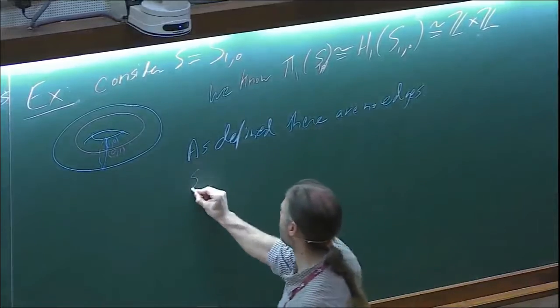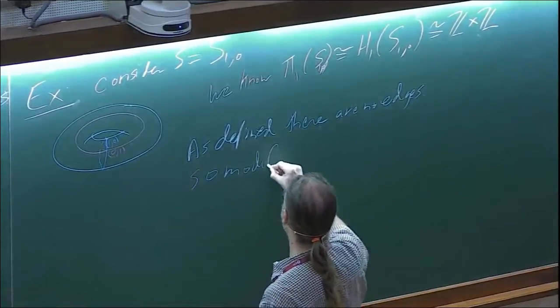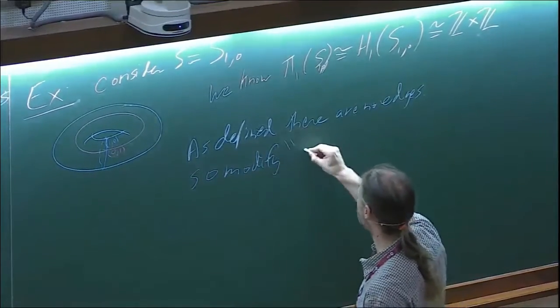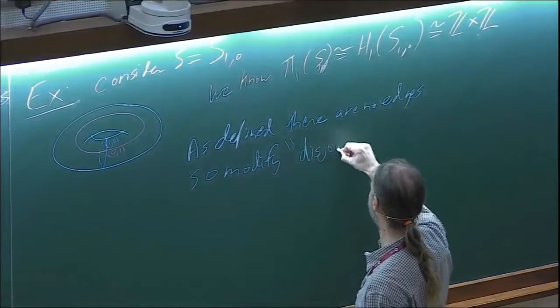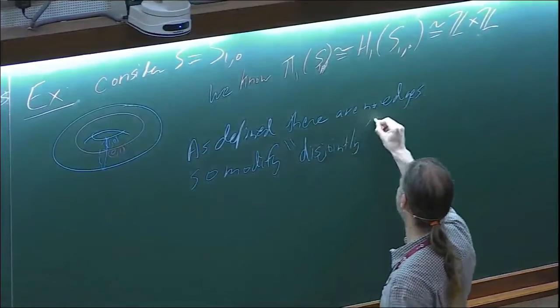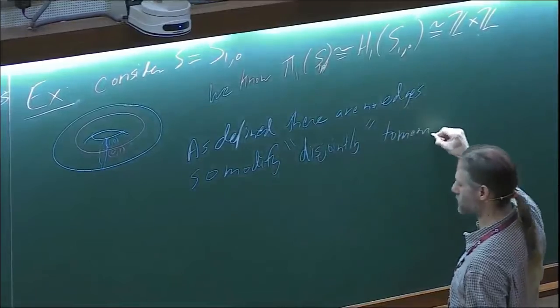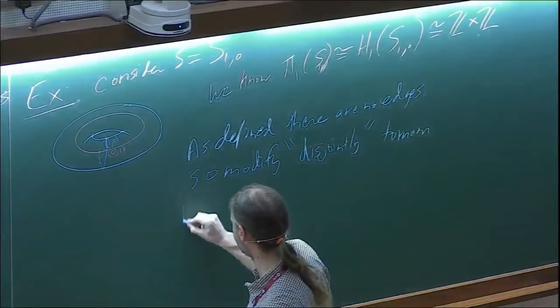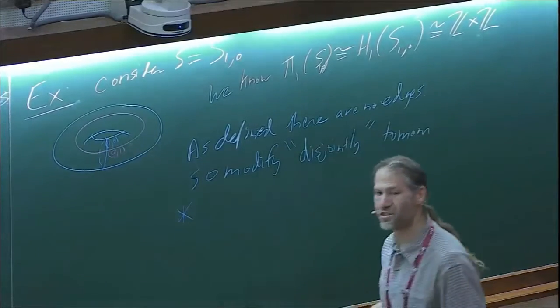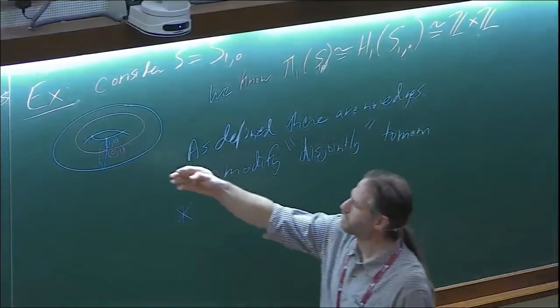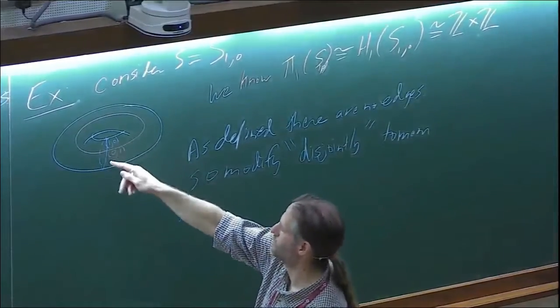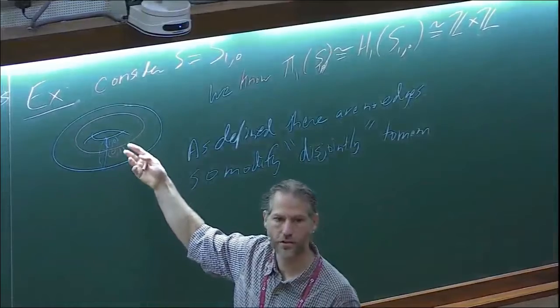So we modify what disjointly means. This is what my asterisk was for. The minimum number of times that any pair of curves could intersect on the torus is once.